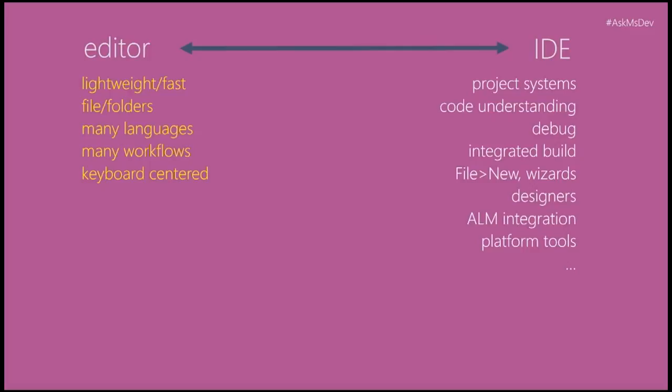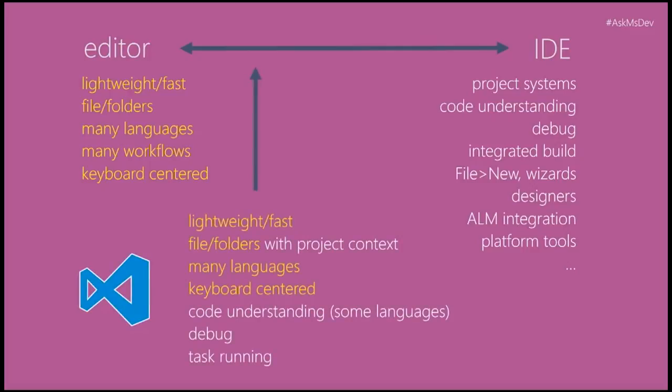Now, where do we position Visual Studio Code? It's really somewhere at the center, or maybe left of center here, because we want to still give you a lightweight experience, like the speed of writing your code of an editor, but still add some of those nice features that you have in an integrated environment. All of that in this lightweight experience. So support for multi-language, still have a notion of a project without it being a big and cumbersome concept.